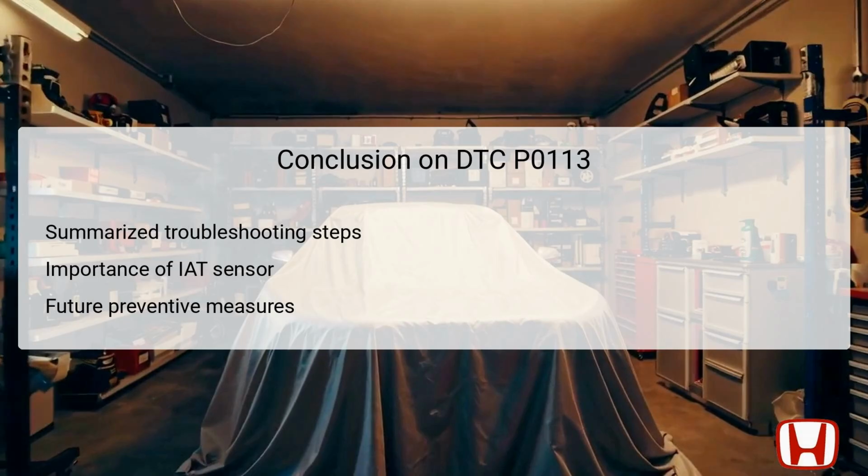Understanding the role of the IAT sensor in managing air-to-fuel ratios highlights the importance of addressing this DTC promptly. Implementing preventive maintenance measures, such as regular inspections and ensuring clean connections, can mitigate the risk of future DTC occurrences. Ultimately, being vigilant about these aspects will help enhance vehicle reliability and performance, enabling a better driving experience for Honda Pilot owners from 2016 to 2022.